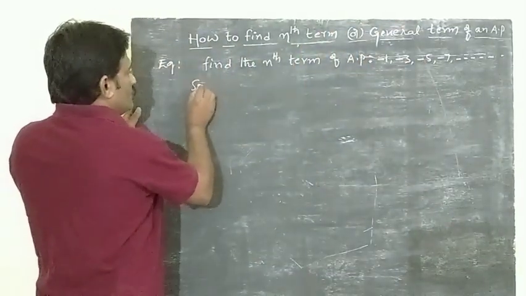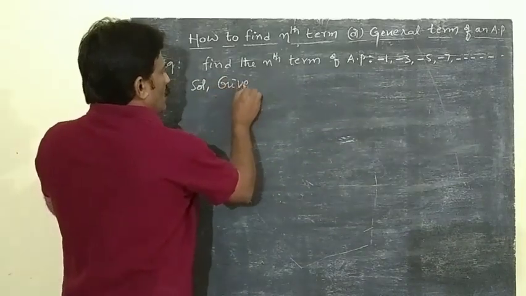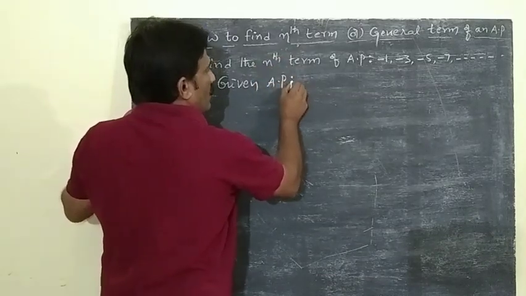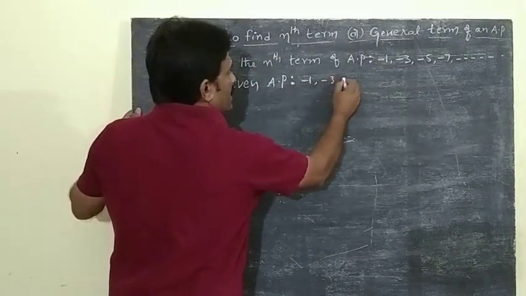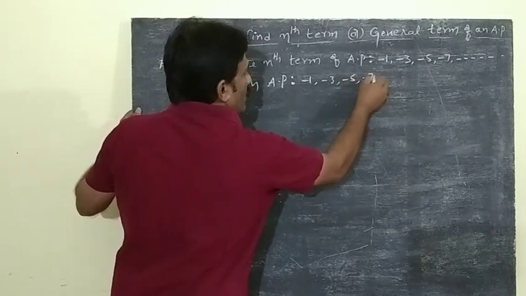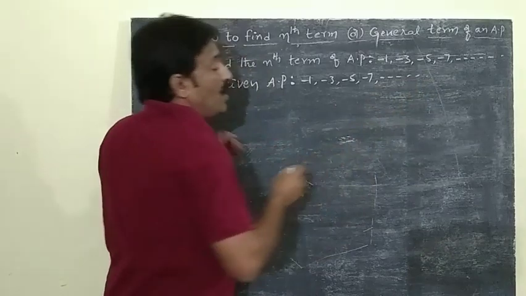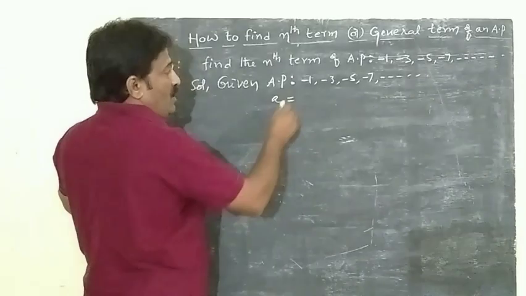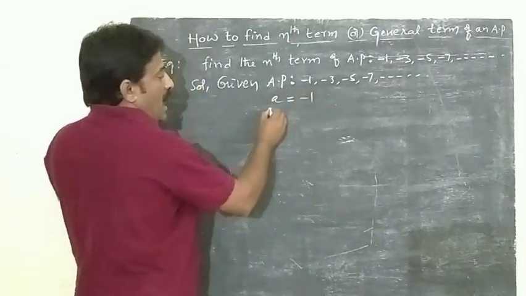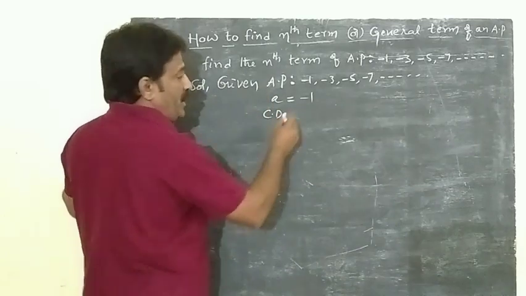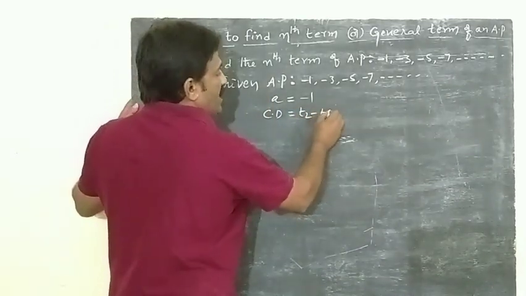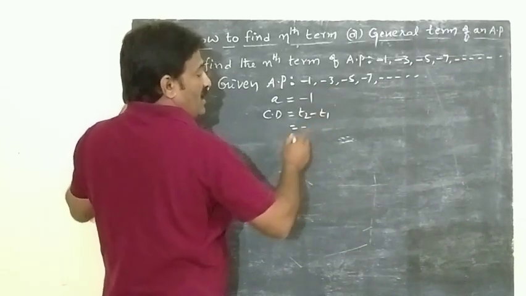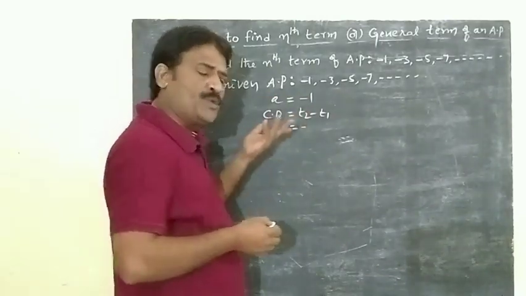Here the first term a is equal to -1, and the common difference, denoted by CD, is equal to T2 minus T1, that is, -3 minus T1, or A2 minus A1.